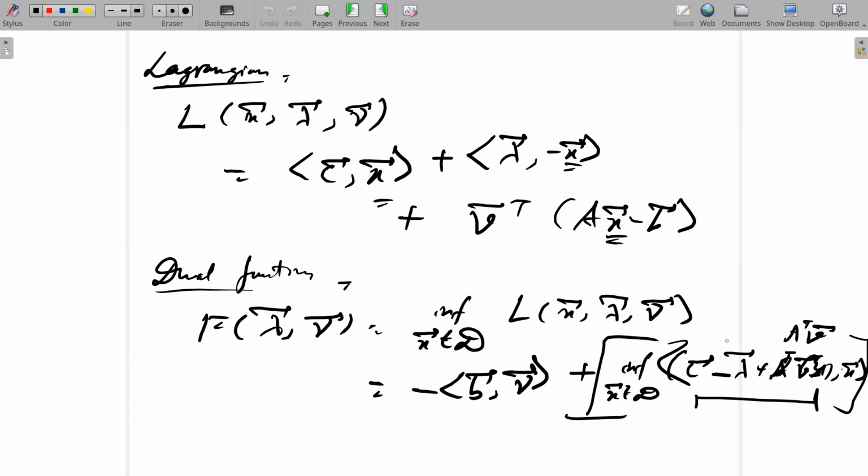But yeah, I mean, the D may be a compact set, so this infimum will exist.